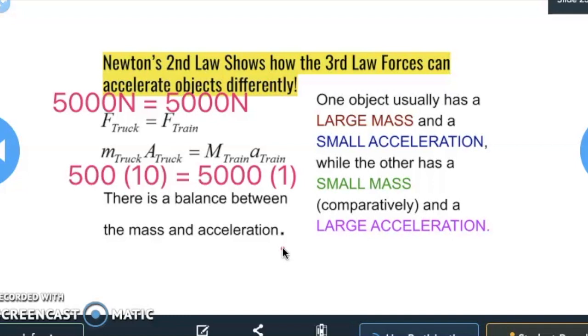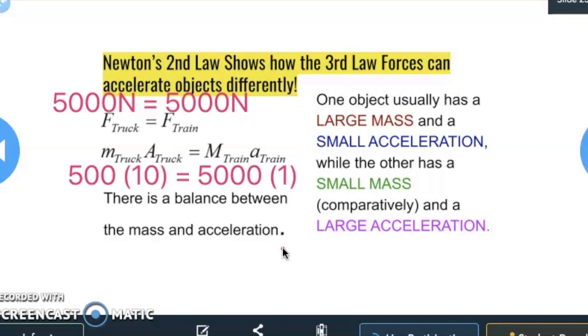Now, the Moon does pull back, and we can actually see it pulling back with ocean tides, with how high the water in the ocean is. And so that is a great example of how there is a pull, it does exist, and while both the Moon and the Earth are experiencing the exact same amount of pull, they are not accelerating, they're not changing their velocity in the same way, because they are different sizes.